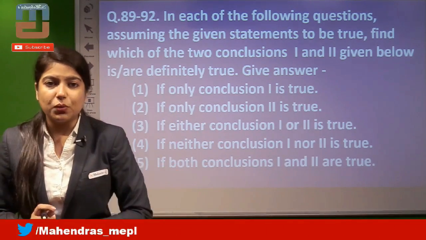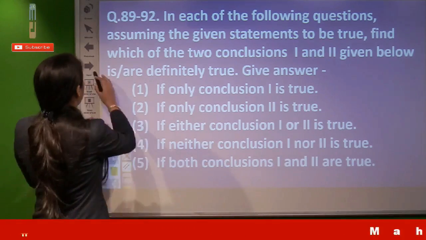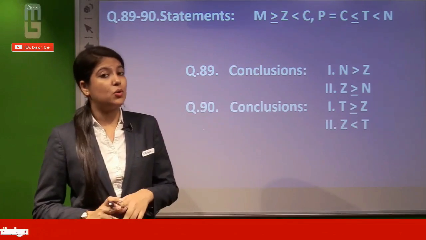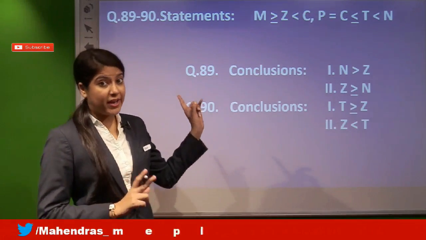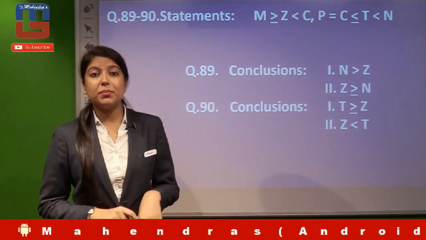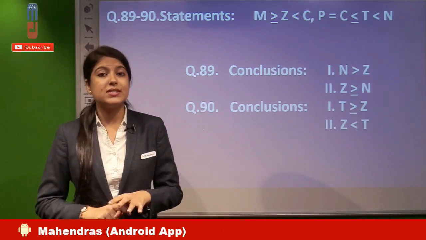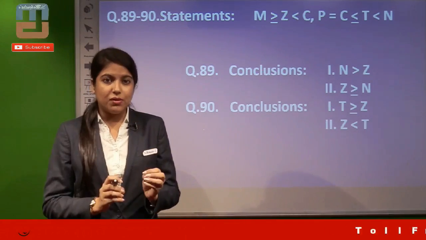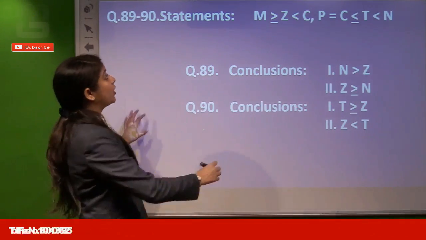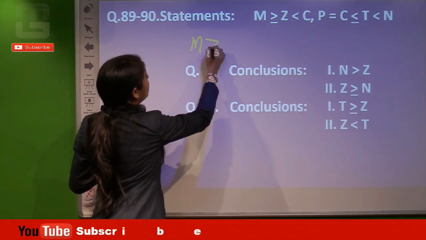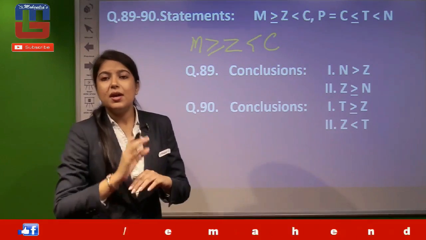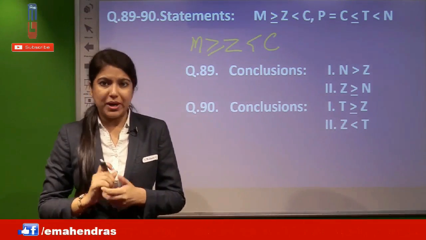Now let's check question number 89, what it says and what equation is given to us. Question number 89 shows us an equation, so while reading the equation, we'll start framing it on paper, because while solving, reading time can be saved. So let's check what is given here: M ≥ Z < C. Now after C, P = C is given by the comma part.